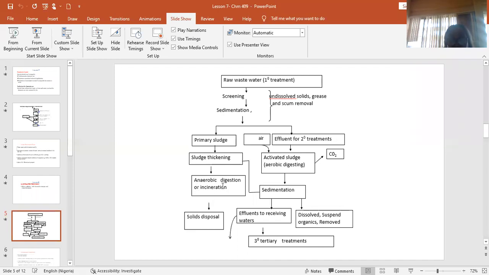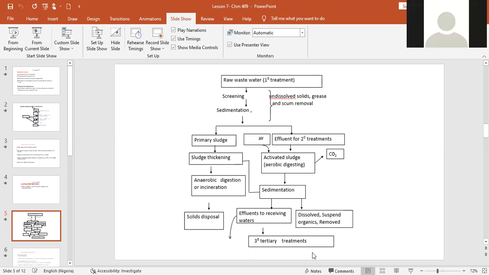It can go through anaerobic digestion or incineration, and from there, it can then be disposed into what we call the landfills, because this would now be a thick sludge, which can then be disposed. So this is a comprehensive wastewater treatment of industrial water, of sewage.